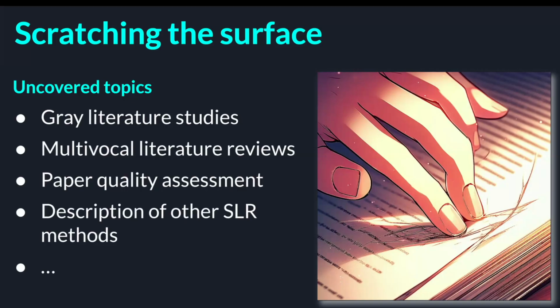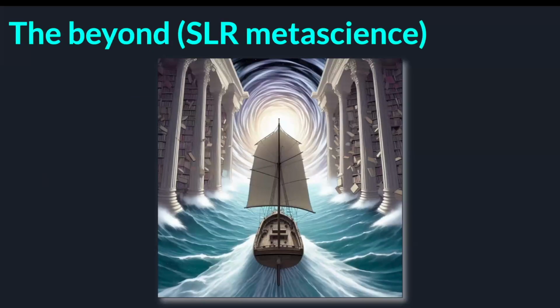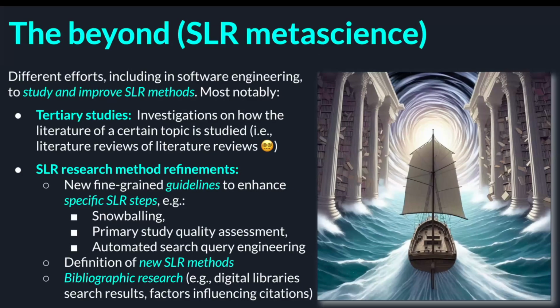We just presented ours. There is even SLR meta-science. So people who, like me a bit, do this also from the perspective of how we can improve the situation. For example, tertiary studies study secondary studies. So it's a literature review of literature reviews.